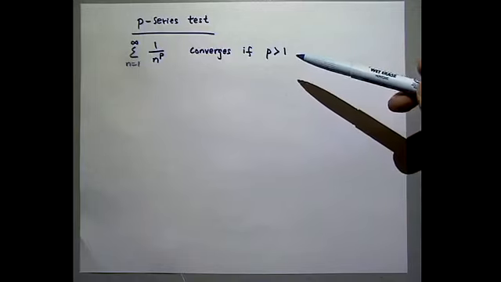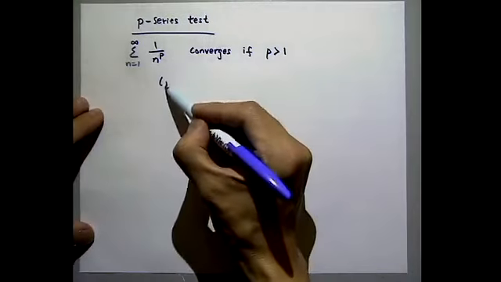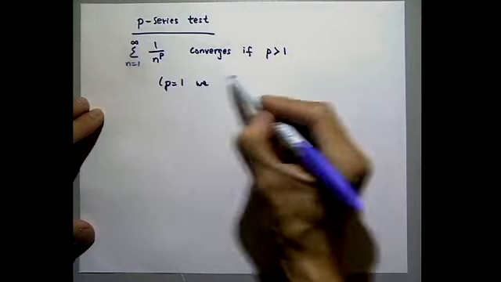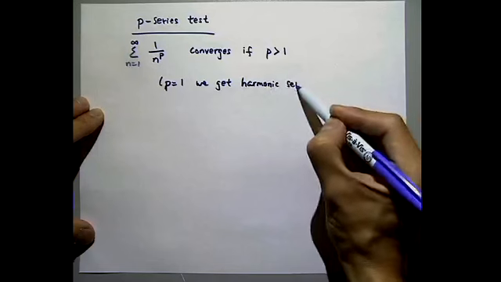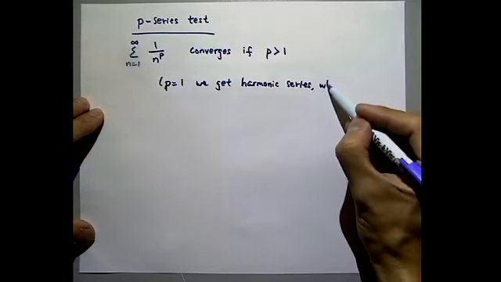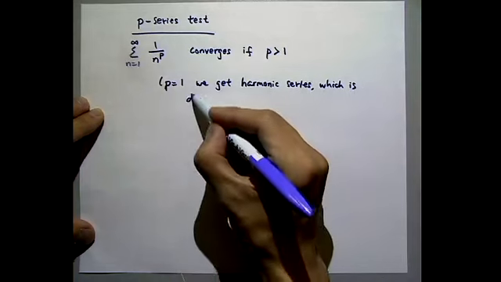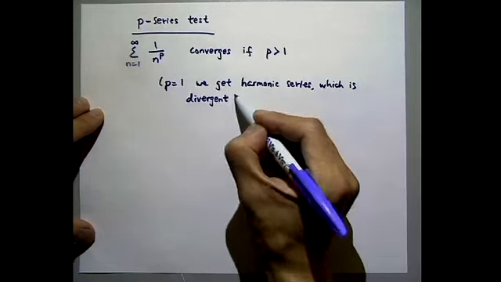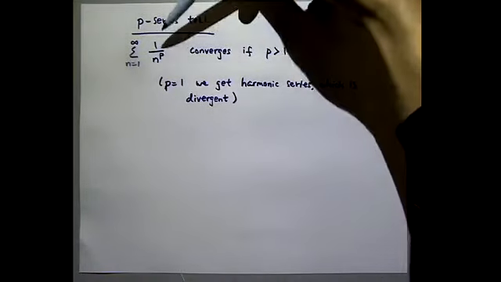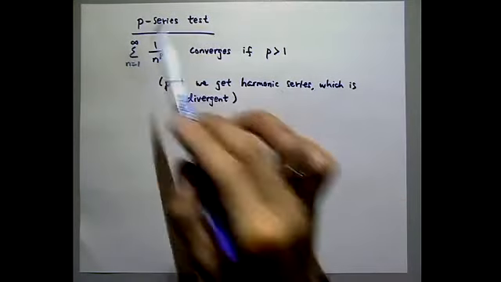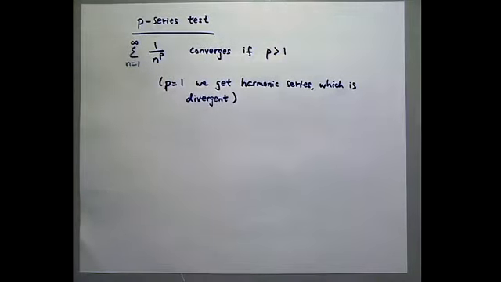What series comes out? Harmonic, right. Okay, so that's the p-series test. Anytime you see a series of that kind of form with positive terms, you can use this test. Just simply look at the power, whether it's bigger than 1 or not, and then you can decide what's going on.